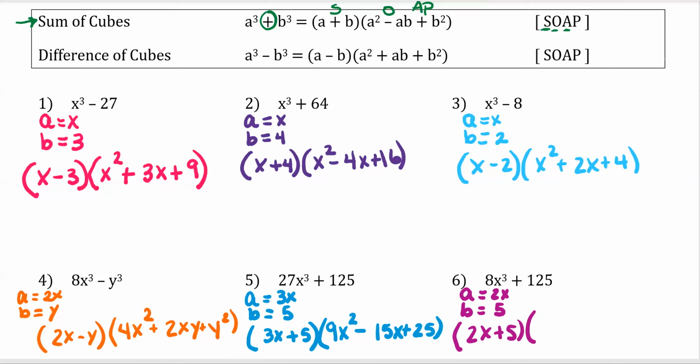The next factor, 2x times 2x, 4x squared. 2x times 5. And 5 times 5. Same, opposite, always positive. And we have mastered sum and difference of perfect cubes. Way to go.